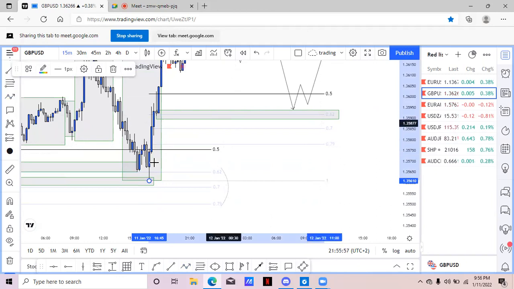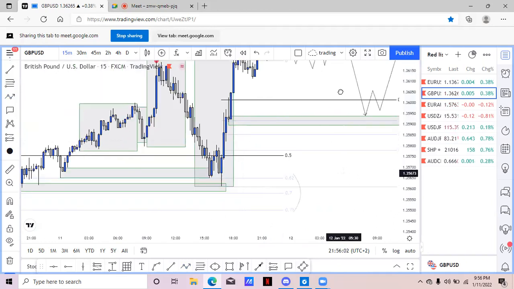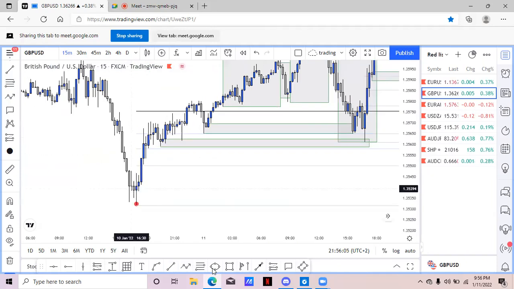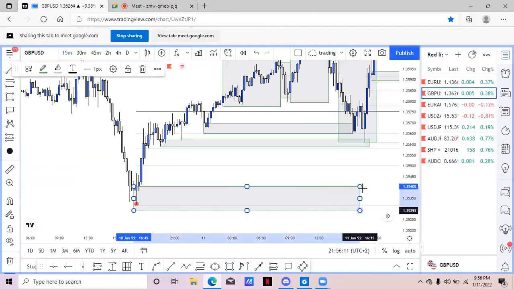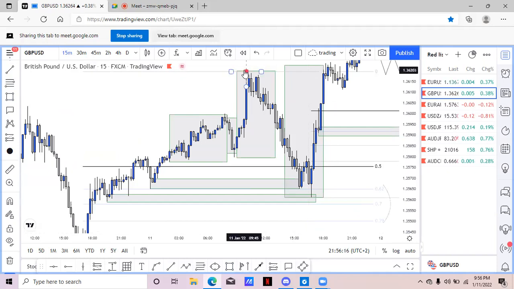Not these ones. These ones, the market does come to them sometimes, but you see how far this is.